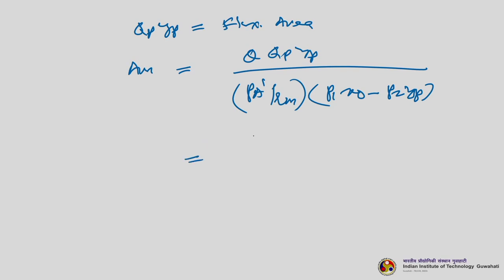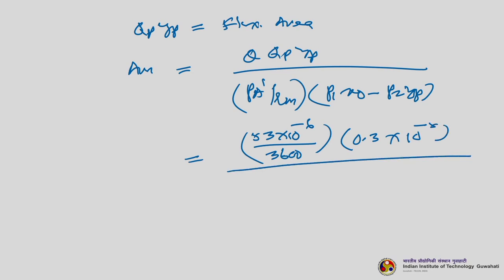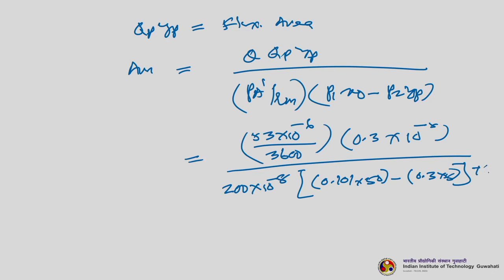Let me anyway write it. It is 53 into 10 power of minus 6 divided by 3600 for hour to second conversion, into 0.3 into 10 to the power of minus 5, whole divided by 200 into 10 to the power of minus 8, then 0.101, that is P1 x naught, into 50 minus 0.3 into 5 divided by 76 divided by 1.013.